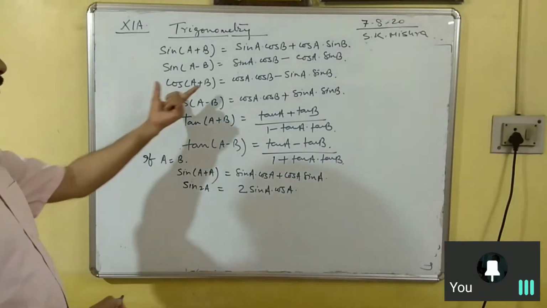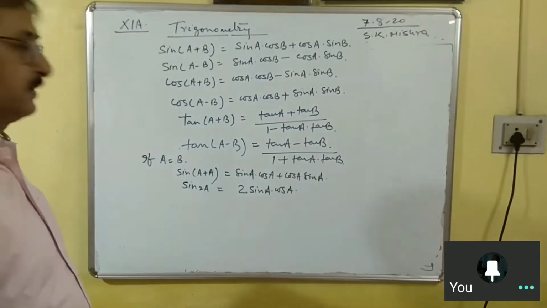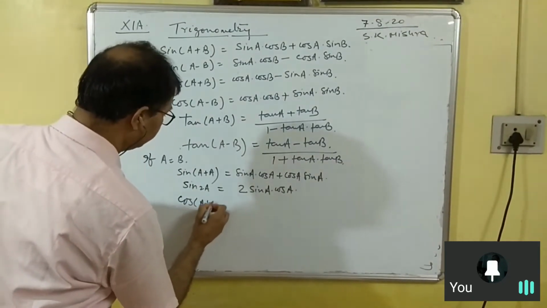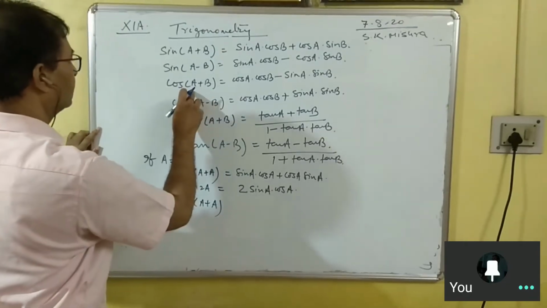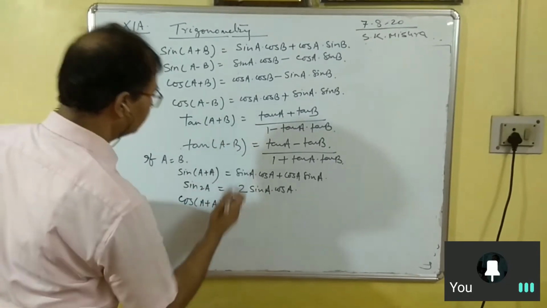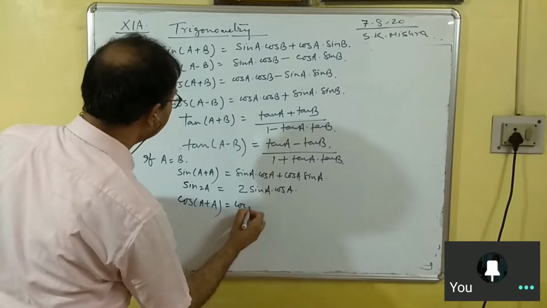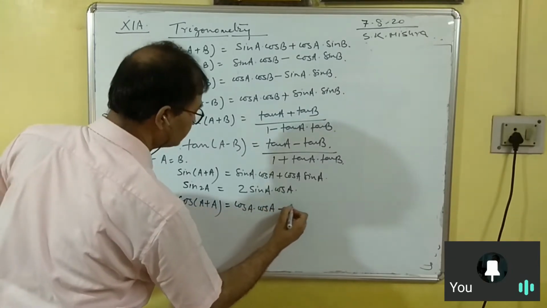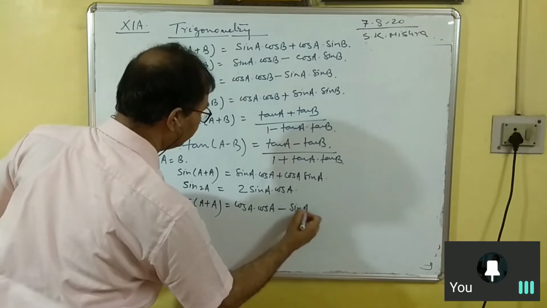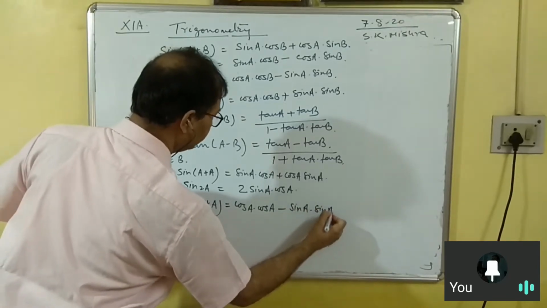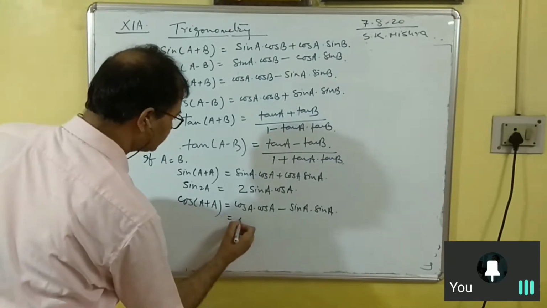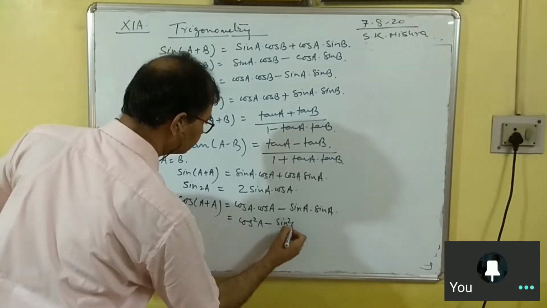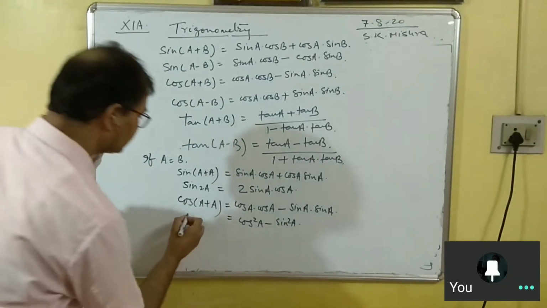Similarly, if you want to write cos A plus B, where B is also A, then this is cos A into cos A minus sin A into sin A. So cos square A minus sin square A is cos 2A.